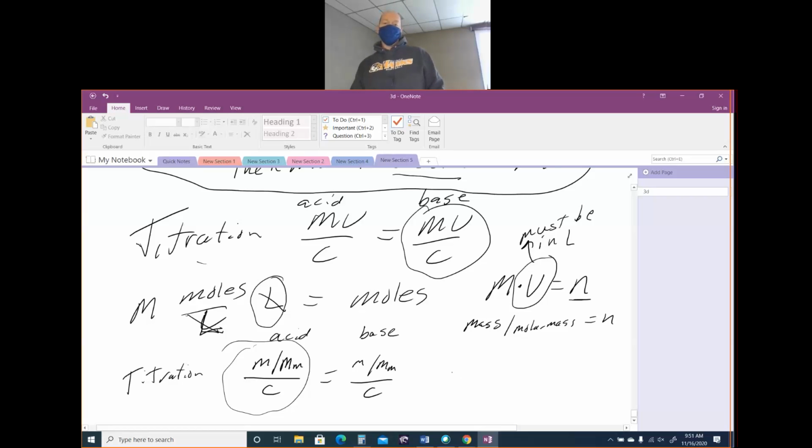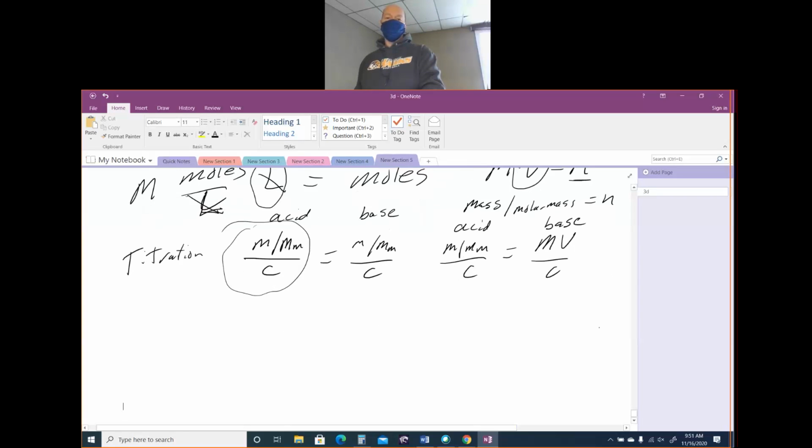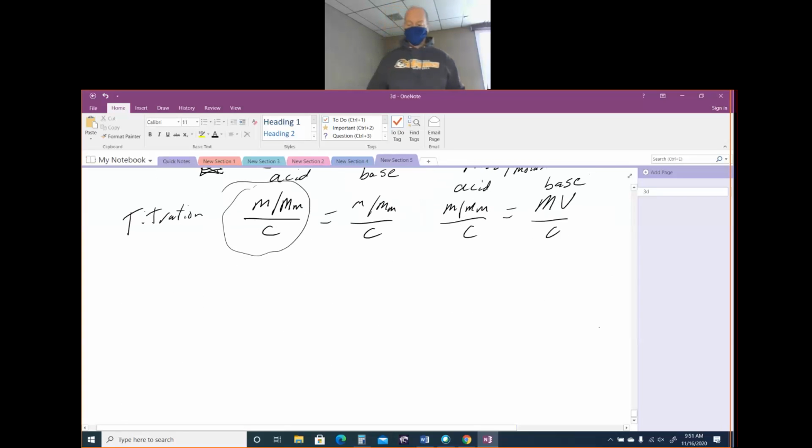So mass over molar mass C for your acid is equal to molarity times volume over C for your base. All it's giving you is the moles of acid divided by its coefficient, moles of base divided by its coefficient. It's just how you are going to get those moles: either a molarity times the volume, or a mass divided by a molar mass.